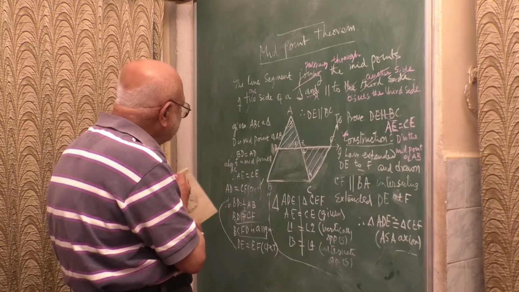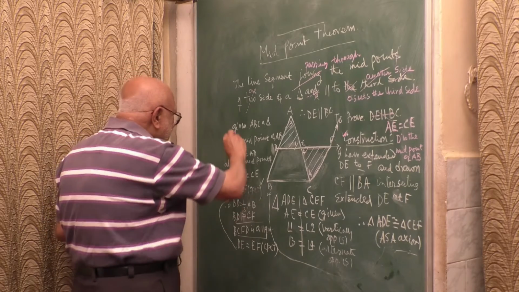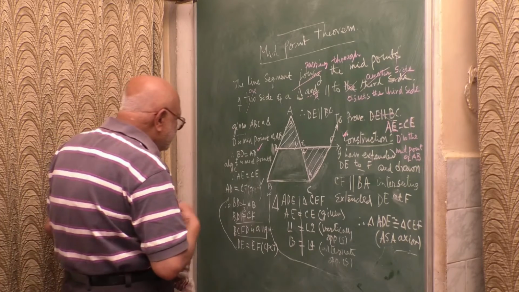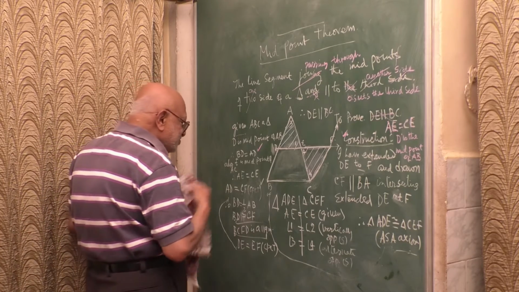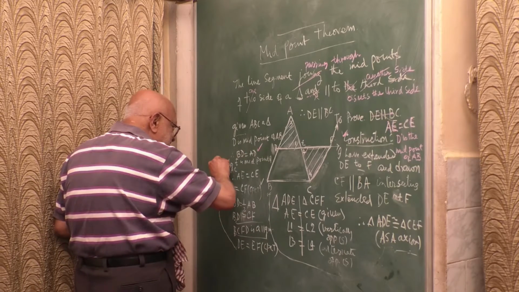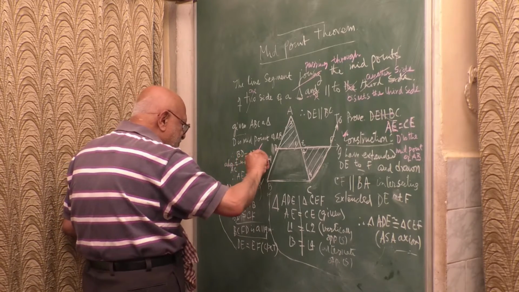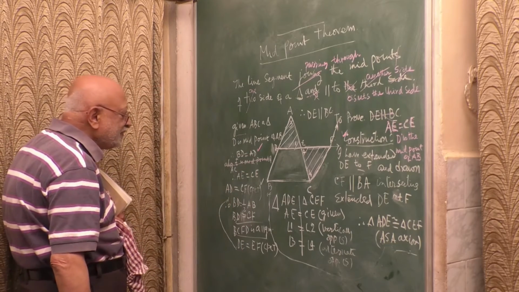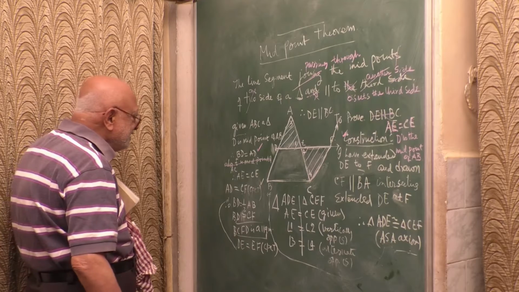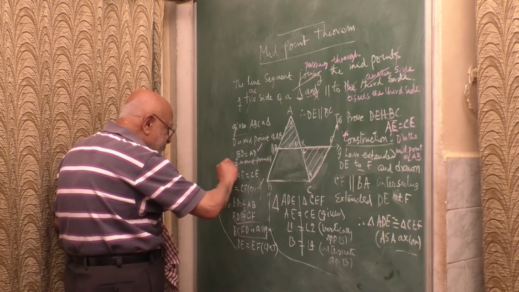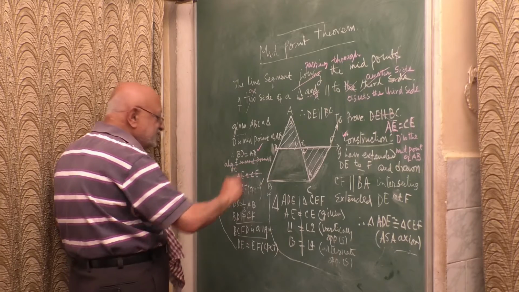Now what is given? Here it is all written here. Now also E is the midpoint. It is not. This will not be there. E is no longer given. This is what we have to prove. This is not given, so you cannot use it.